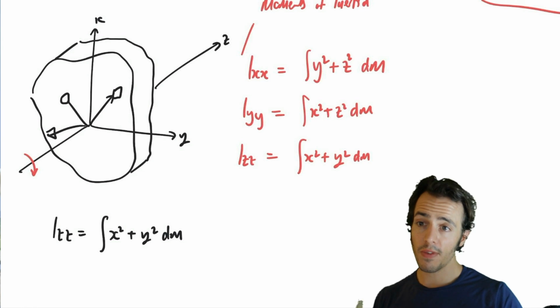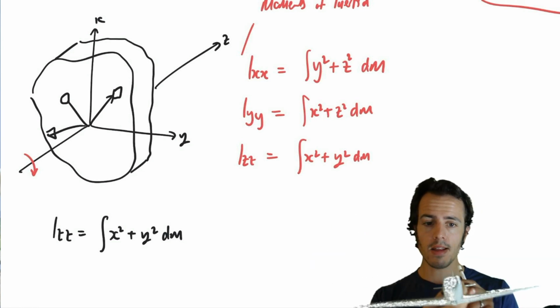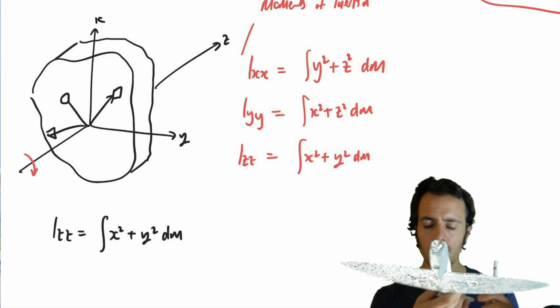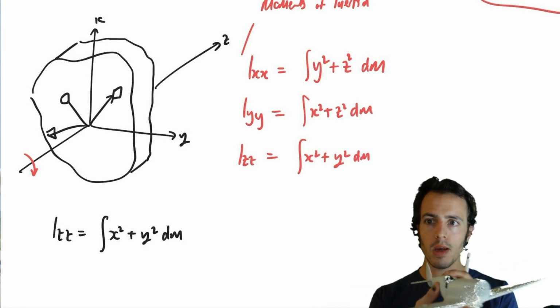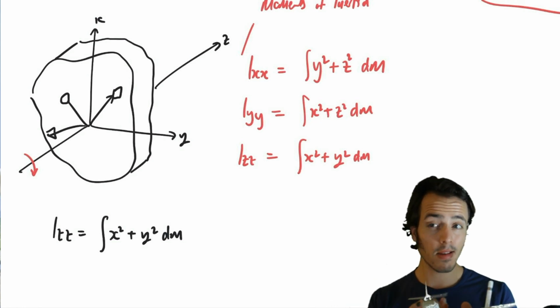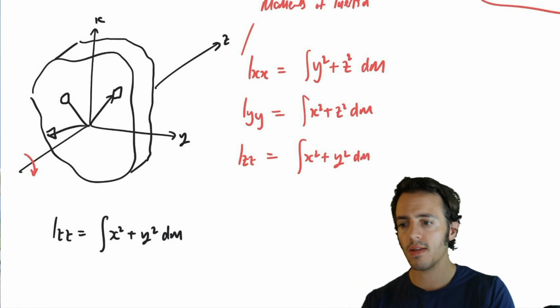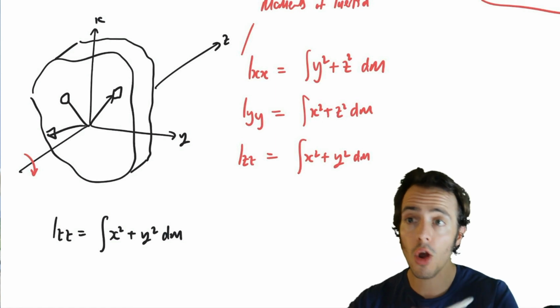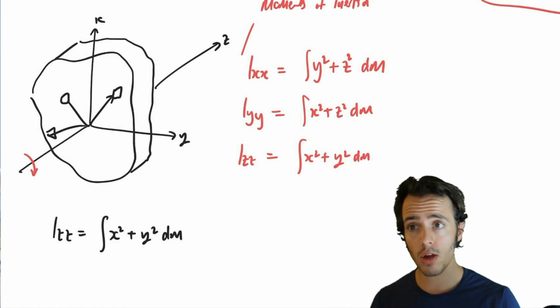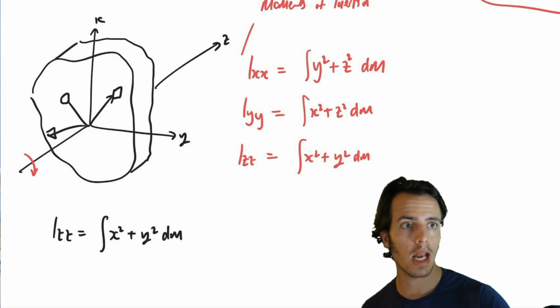For an aircraft, we can probably intuit that the aircraft is going to be hard to turn around the x-axis because of the wings, and similarly it's going to be hard to turn around the z-axis because of the wings. The y-axis is still difficult to turn around, but it tends not to be so difficult. We'll look at some numerical values of these moments of inertia for real aircraft a little bit later.